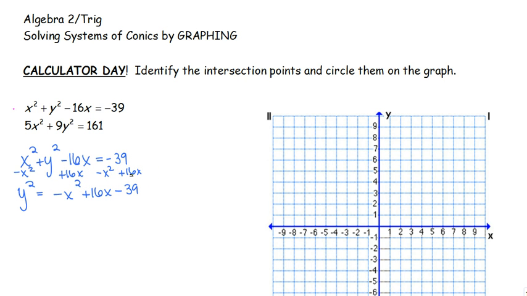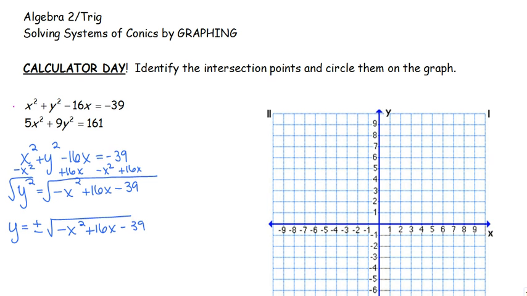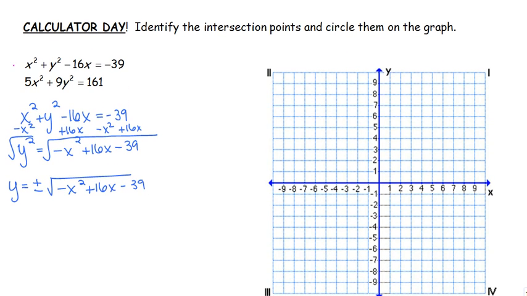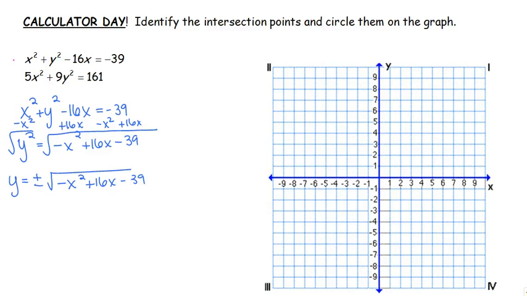Now we almost have it solved for y. We have to square root, and we know that anytime we are solving for something that's originally squared, we have a plus or minus, which means to enter this into your calculator, you're going to have to put 2 different equations in, because your calculator does not have a plus or minus button in the graphing portion.